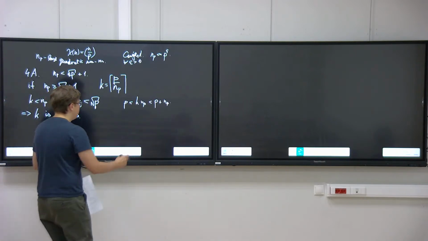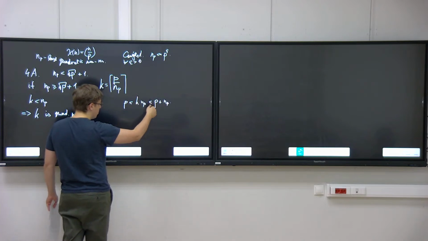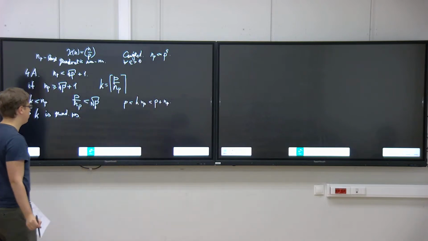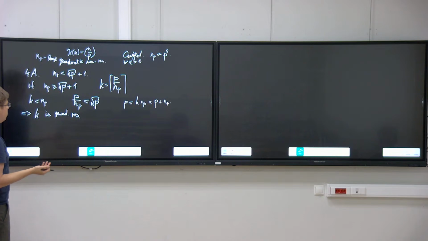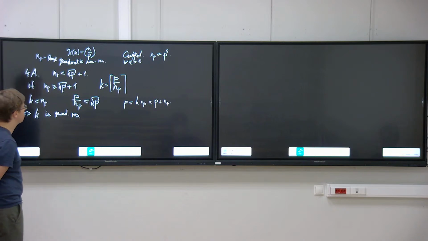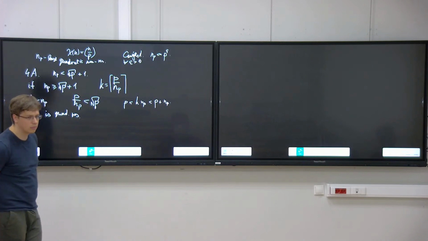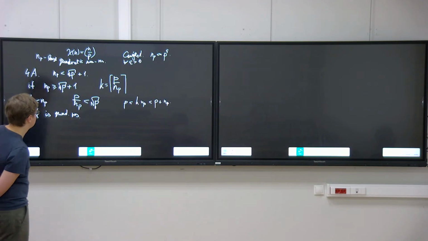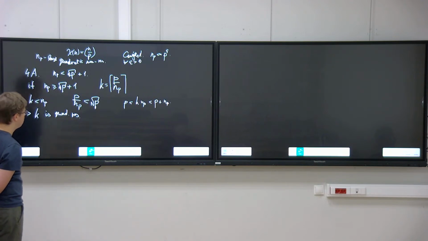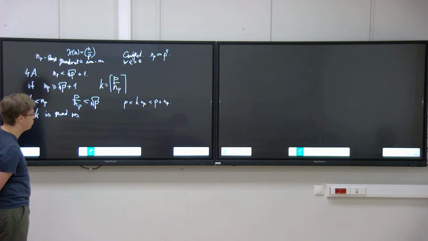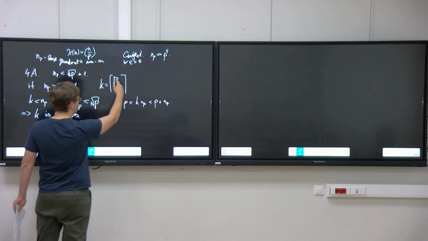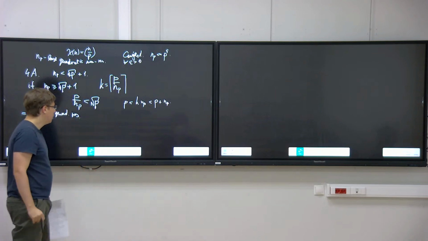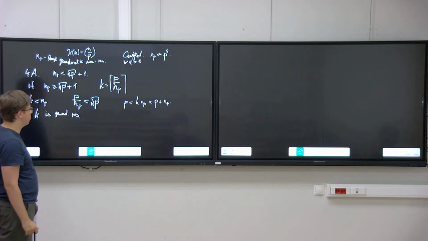Second claim is that k times NP is bigger than P, but less than P plus one. Right. Why is it bigger than P? Is it clear? Сейчас, секунду. Мы получили оценку на k сверху. Потому что у нас будет k NP больше, чем k квадрат. Ну, k NP больше P, правда? Ну да.